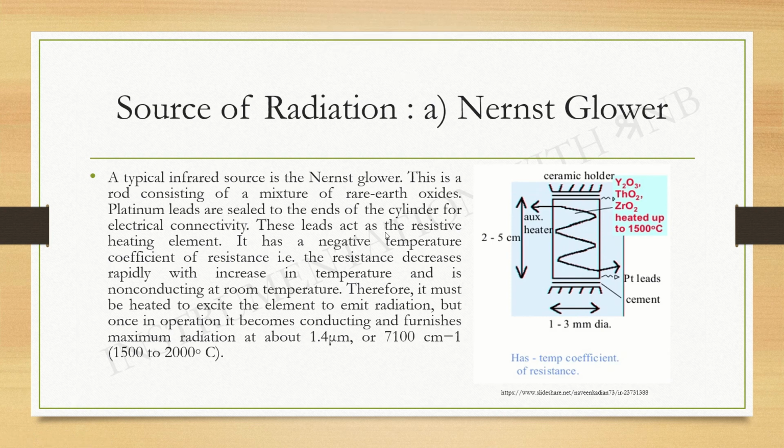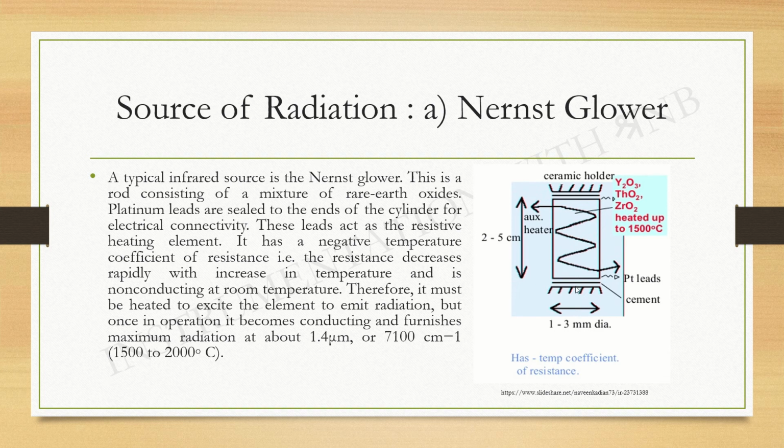Starting with the source of radiation, first is the Nernst glower, in which there is a rod made up of rare earth oxides and it is sealed with platinum leads. Basically, platinum leads are used to provide electrical connectivity. There is a negative resistance. What does negative resistance mean? It means that the resistance decreases with increase in temperature.